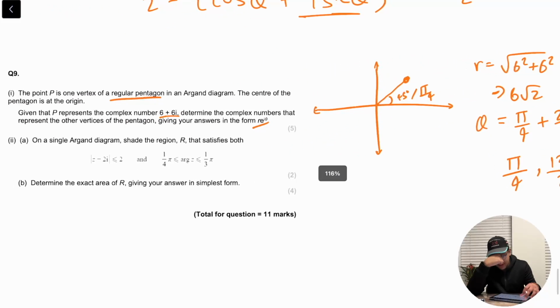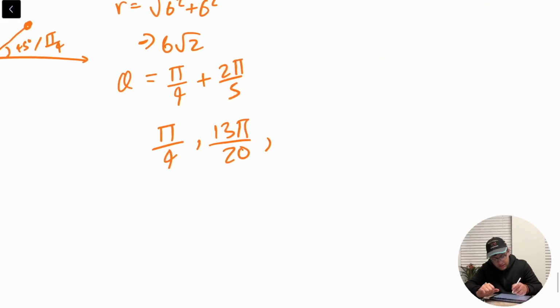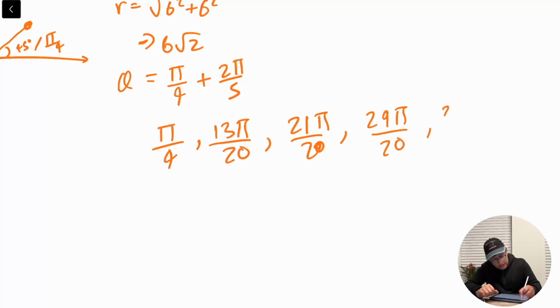It doesn't specify what range it wants the argument in, so we can just do 21 pi over 20, then 29 pi over 20, then 37 pi over 20. That's the 5 vertices. Then it's going to go back to pi over 4.